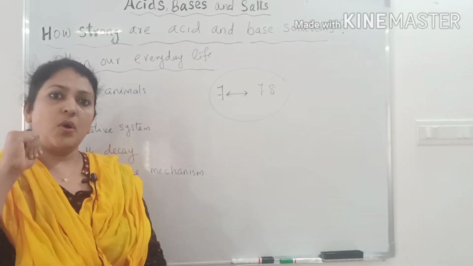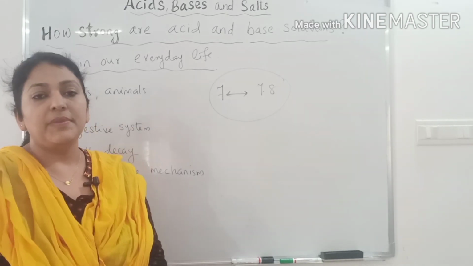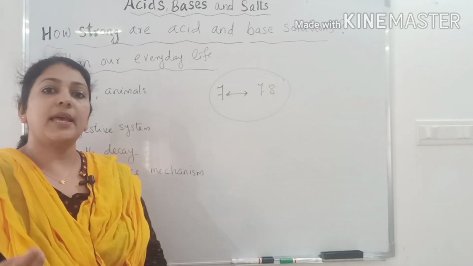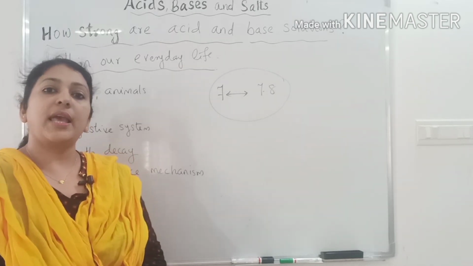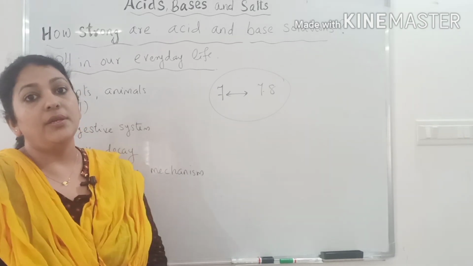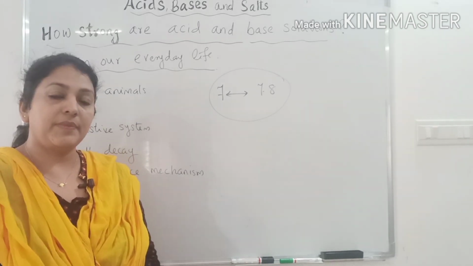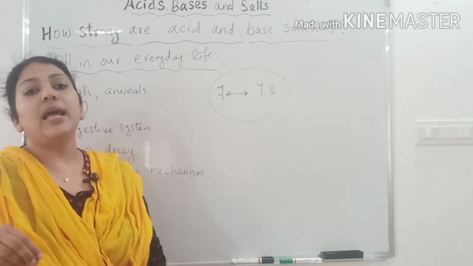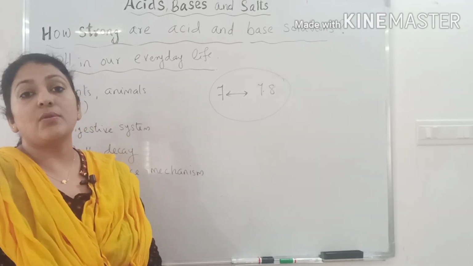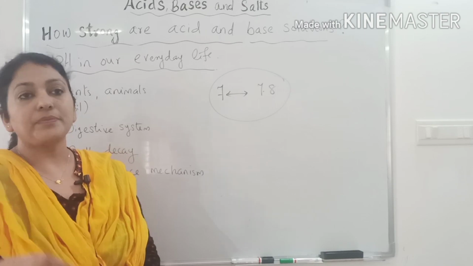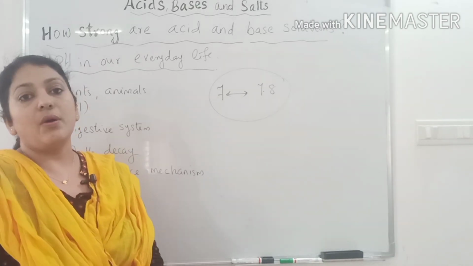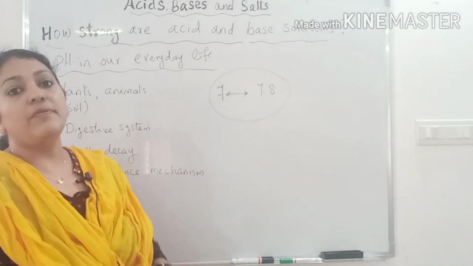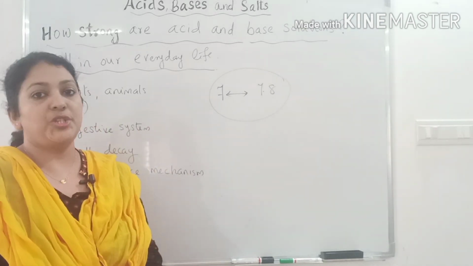If the soil becomes too acidic, they will add mild bases like calcium hydroxide or calcium carbonate to the soil to neutralize the excess acid. If the soil becomes too basic, they will add acidic salts like gypsum, etc. to the soil to neutralize it. So remember, plants are also very sensitive to pH change.